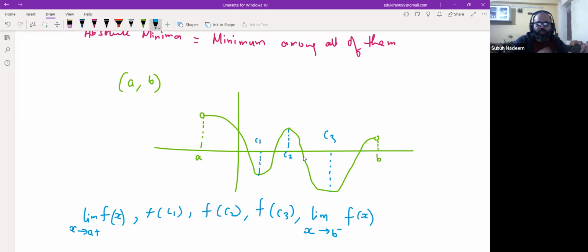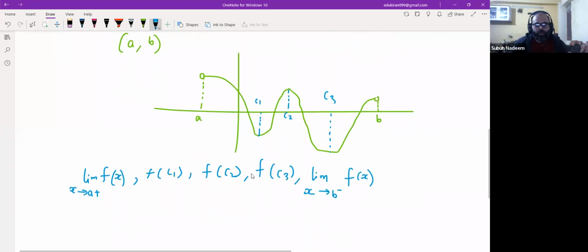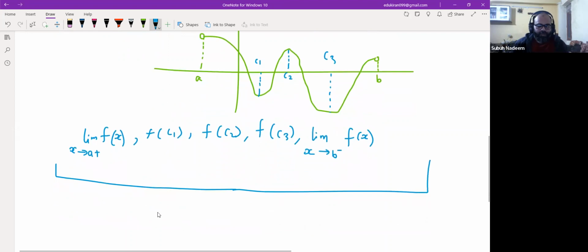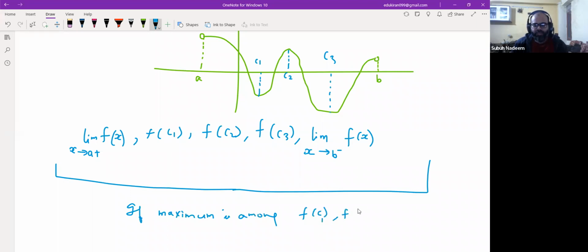So if you see among all of them, you are getting a local maxima. It is important to understand here, among all of them, if maximum is among FC1, FC2, FC3, then it is absolute maximum.